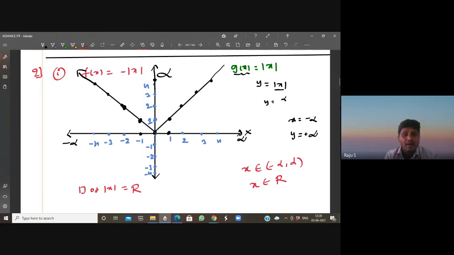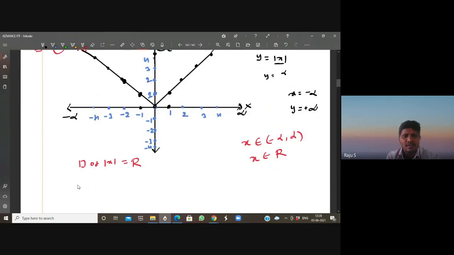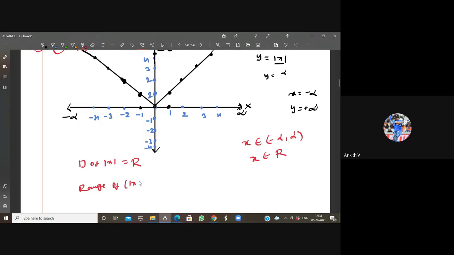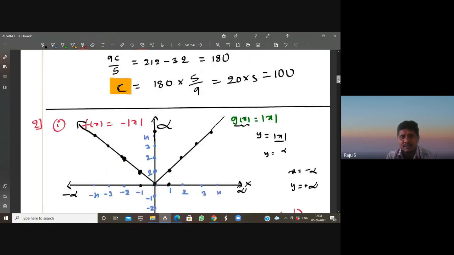Right. Now, can anyone tell me what is the range of the given function? Positive real numbers. The range of modulus x is R plus, am I right?